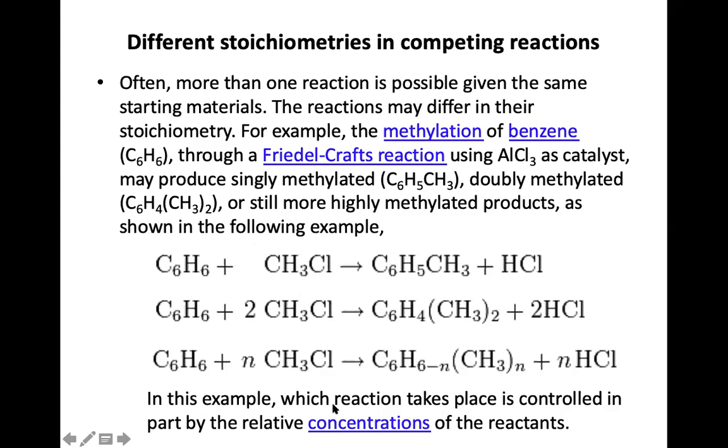In this example, which reaction takes place is controlled in part by the relative concentration of the reactants. That means if you control the amount of methyl chloride, then you can control which product you will get. For example, if the ratio is 1 mole benzene to 1 mole methyl chloride, you will get toluene and not dimethyl benzene.